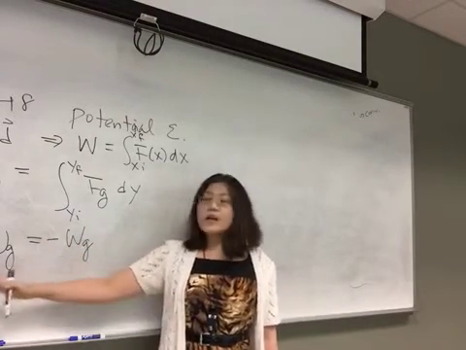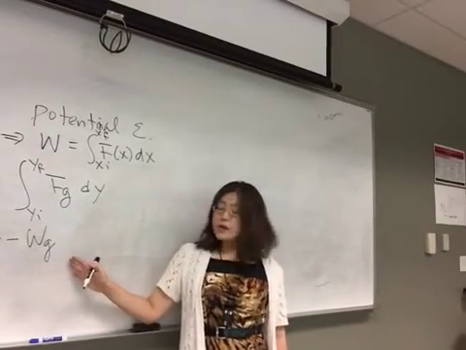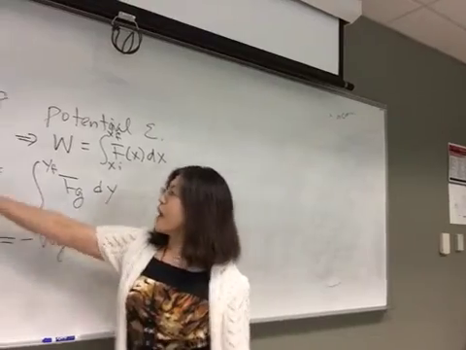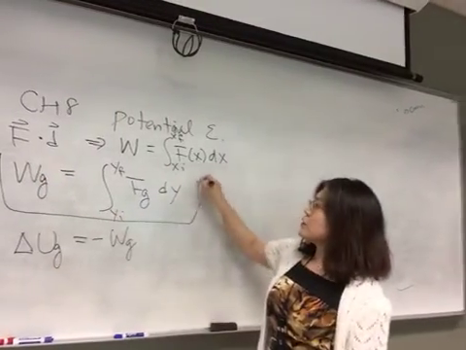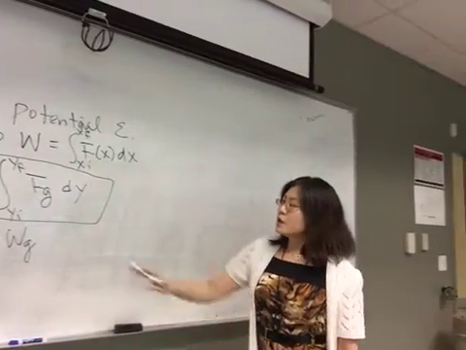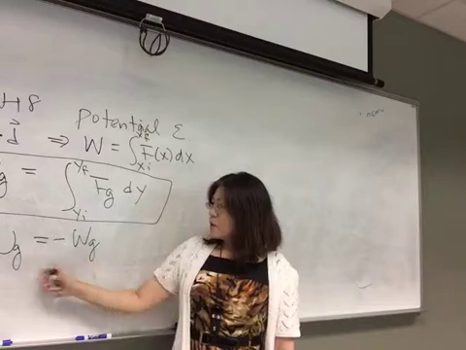In other words, the change in gravitational potential energy is equal to negative work done by gravitational force. We know the expression for the work done by gravitational force, so we replace WG with this expression.